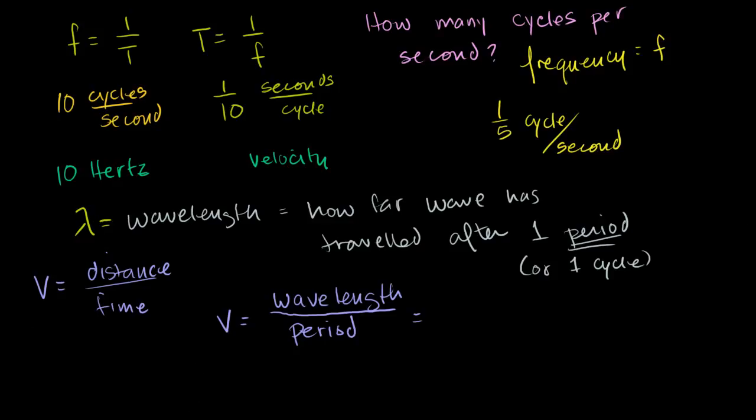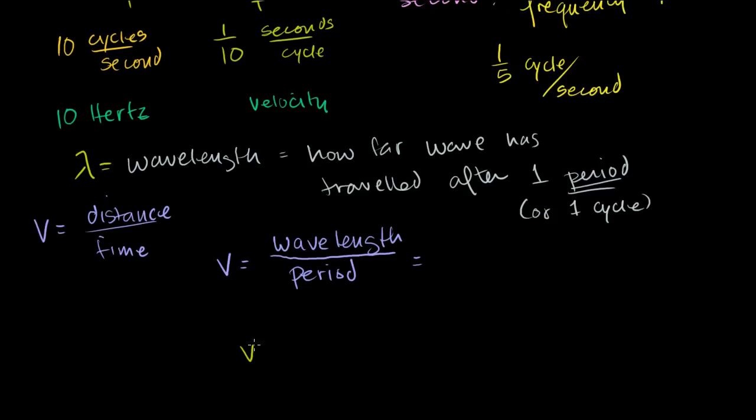So velocity is equal to wavelength over period, which is wavelength times 1 over my period, and 1 over the period is your frequency. So velocity is equal to wavelength times your frequency. If you know this, you can pretty much solve all of the basic problems you might encounter in waves.